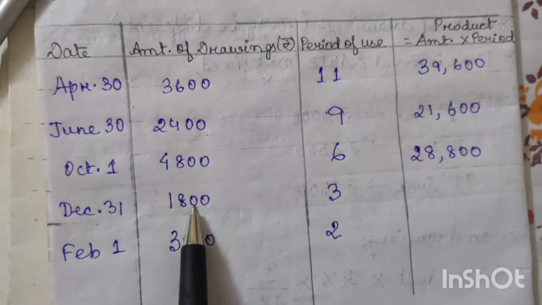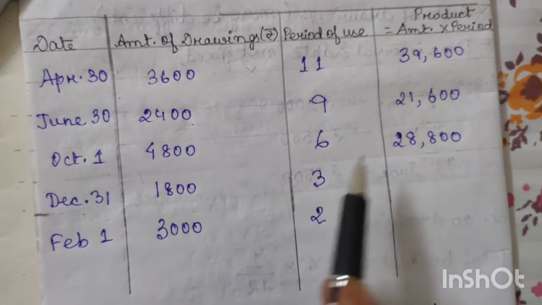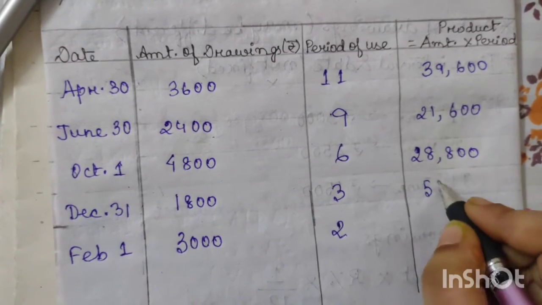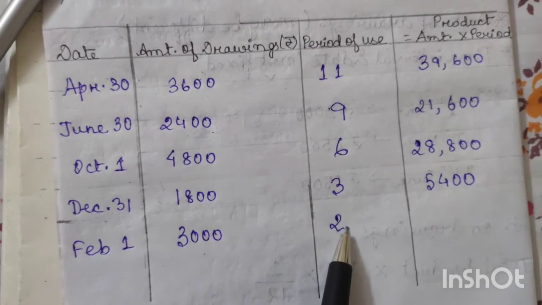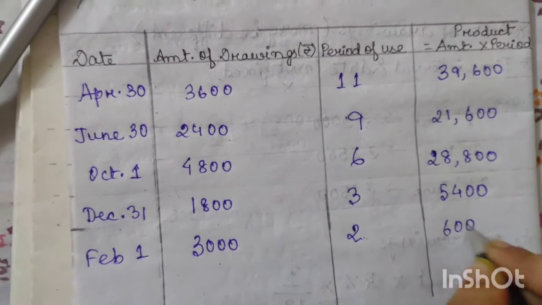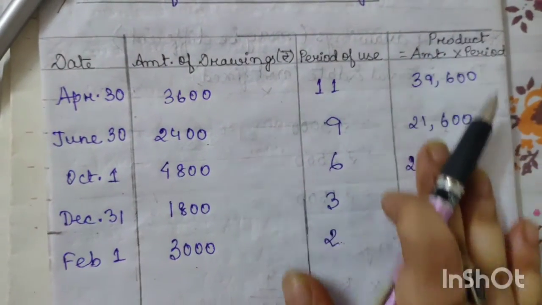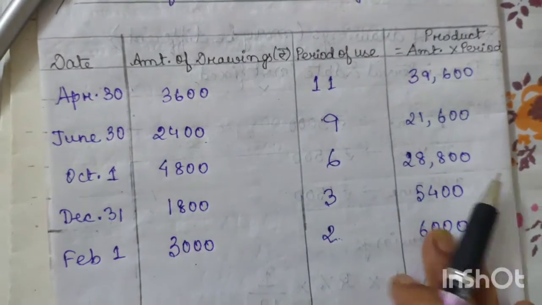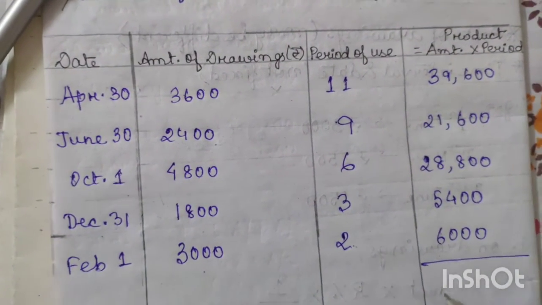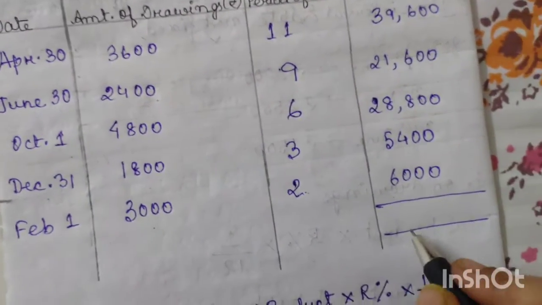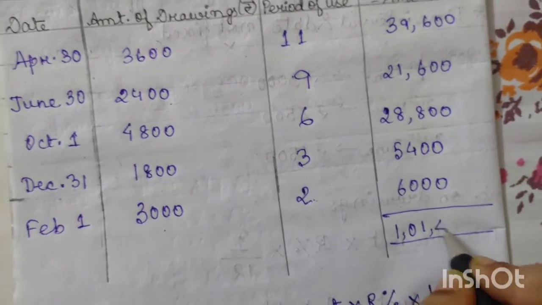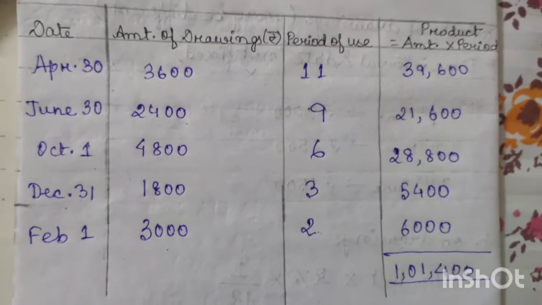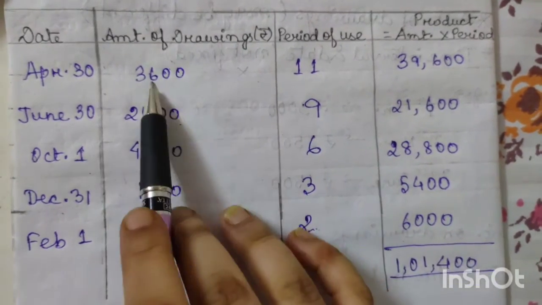Again 1800 into 3, the product will be 5400. Again 3000 into 2 will be 6000. Now we will add all this and we will get a total, and the total will be 1,01,400.